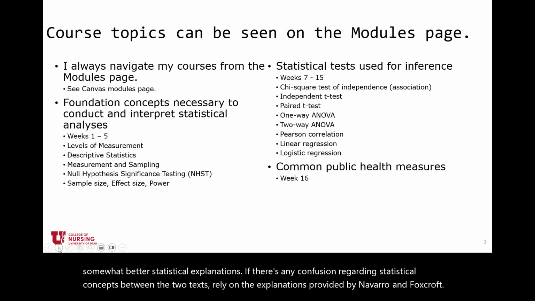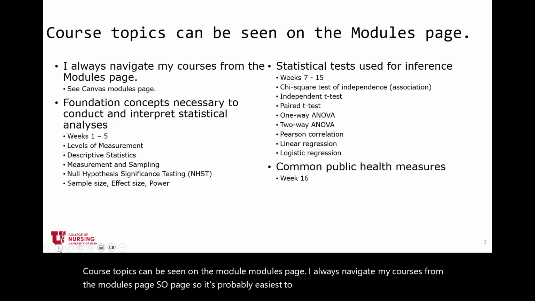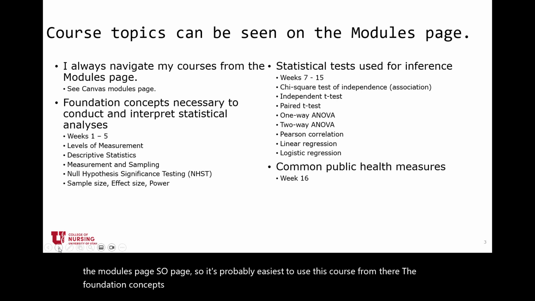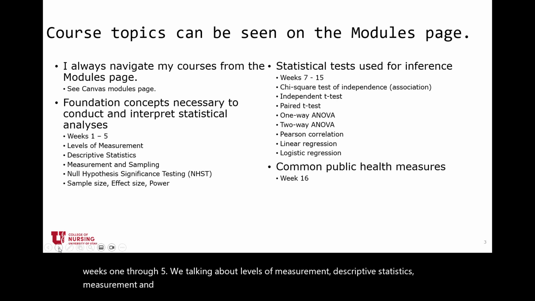Course topics can be seen on the modules page. I always navigate my courses from the modules page, so it's probably easiest to use this course from there. The foundation concepts necessary to conduct and interpret statistical analysis will be covered in weeks 1 through 5. We'll be talking about levels of measurement, descriptive statistics, measurement and sampling, null hypothesis significance testing, sample size, effect size, and power.